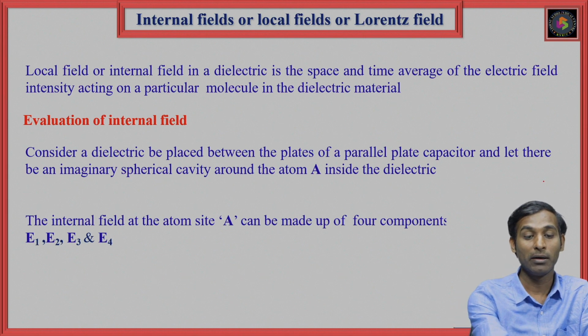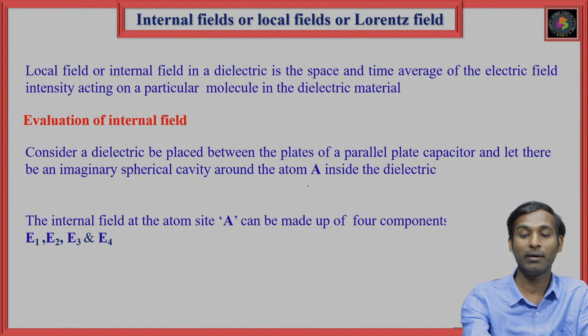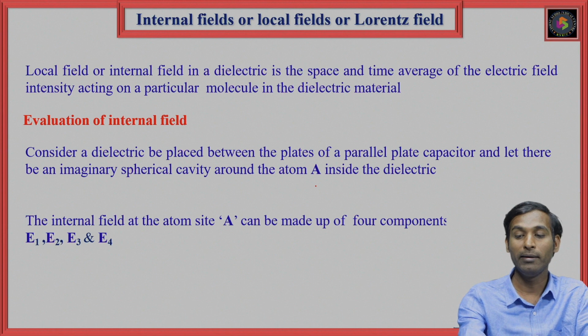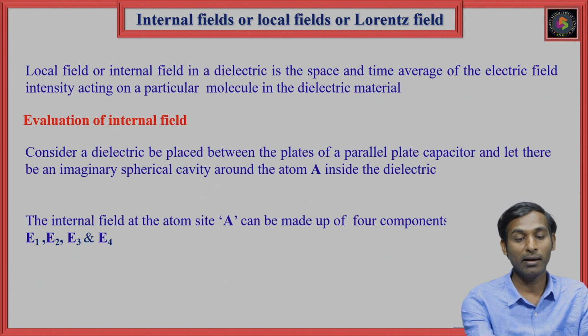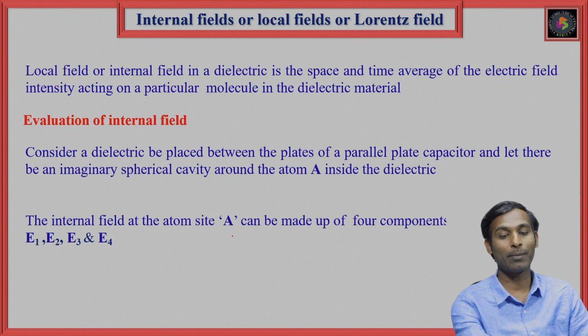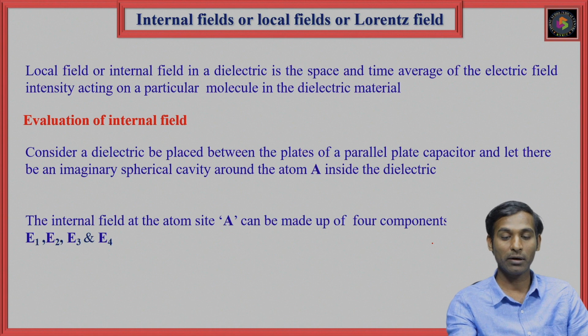Let there be an imaginary spherical cavity around the atom. We define the notation as capital A inside the dielectric material. Here the internal field at the atom site A can be made up of four components, just like we have seen.